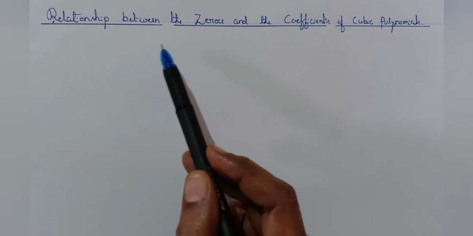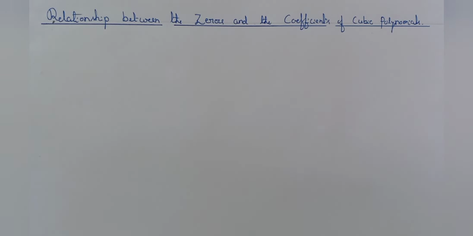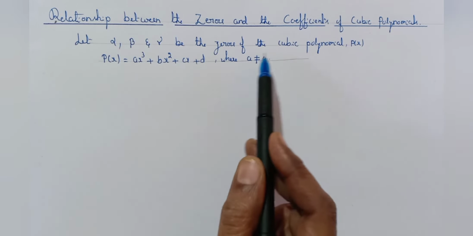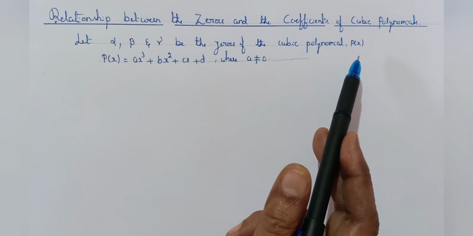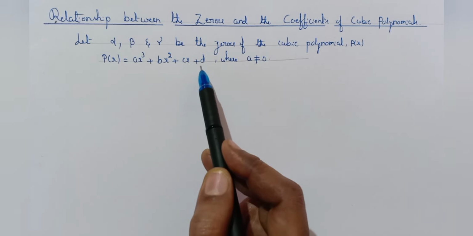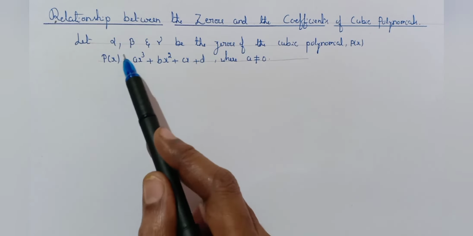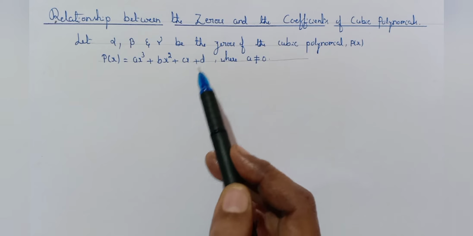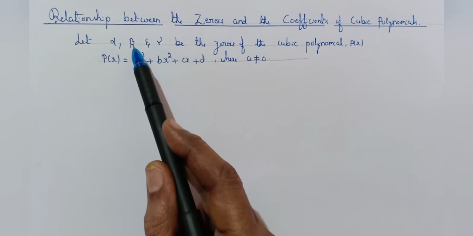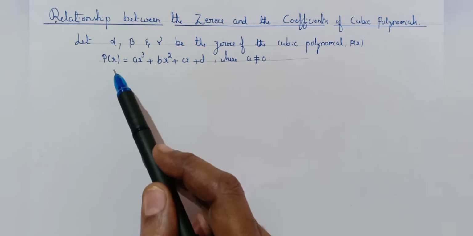Next, the relationship between the zeros and the coefficients of a cubic polynomial. Let alpha, beta and gamma be the zeros of the cubic polynomial p(x) = ax³ + bx² + cx + d, where a is not equal to 0. If alpha, beta and gamma are the zeros of the cubic polynomial, then x minus alpha, x minus beta and x minus gamma are the factors of the cubic polynomial.